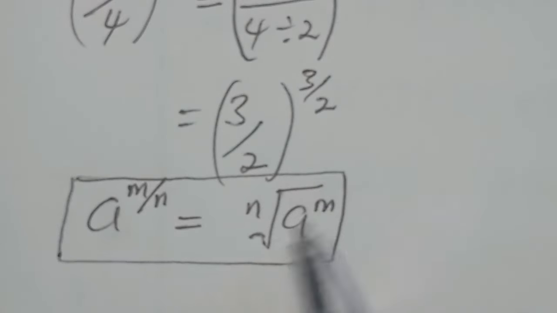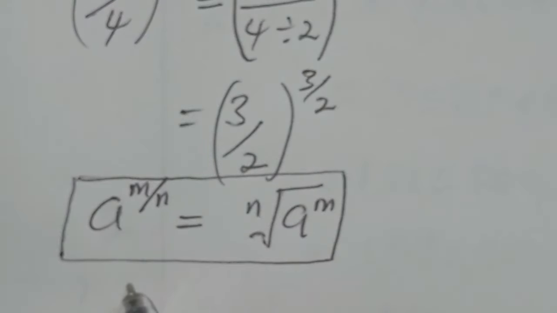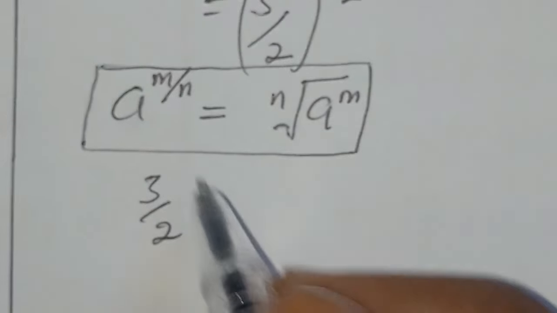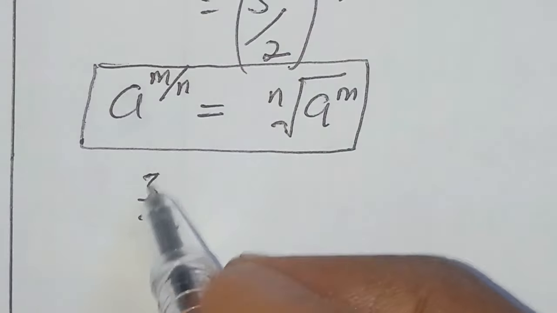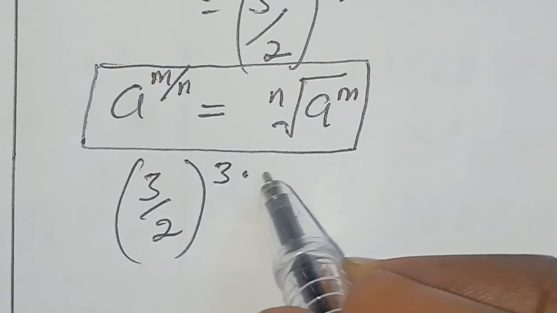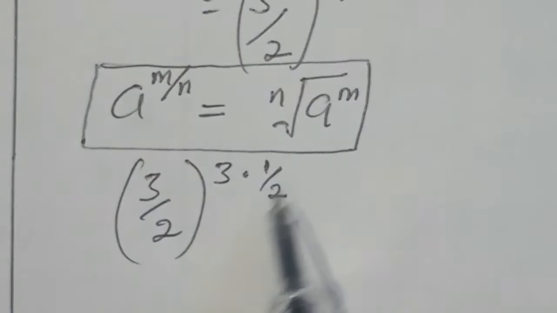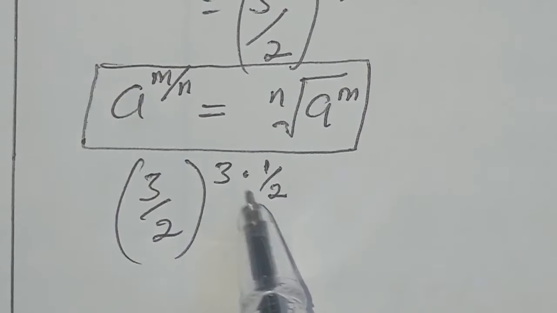We can write this as 3 over 2 in brackets to the power of 3 multiplied by a half. So we can rewrite this exponent this way.